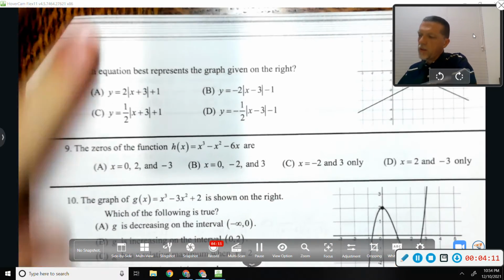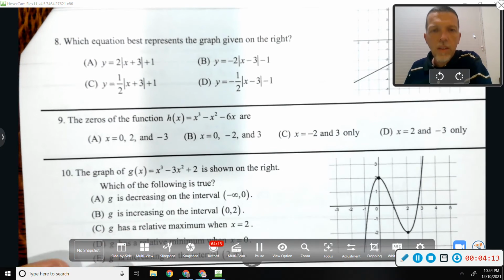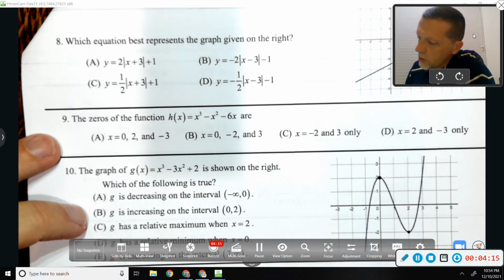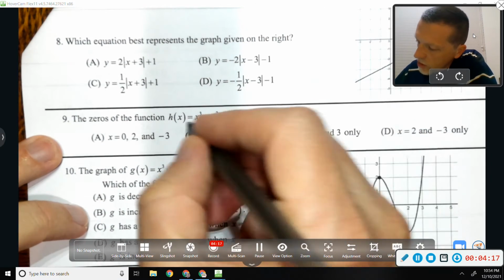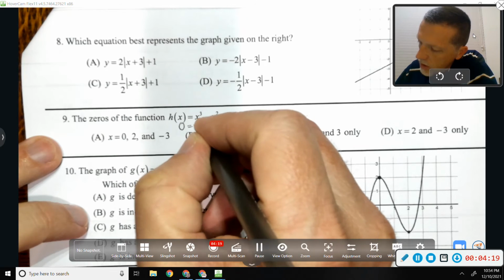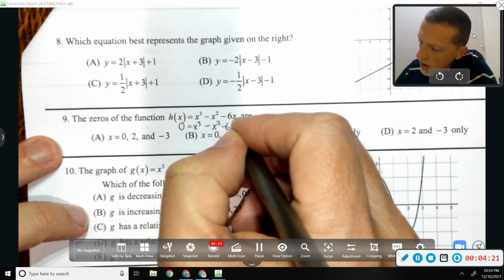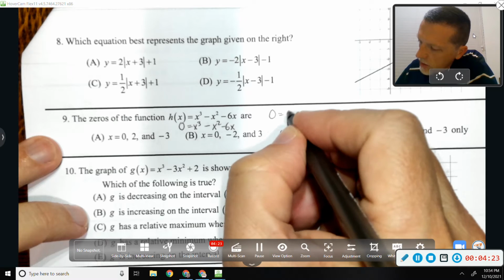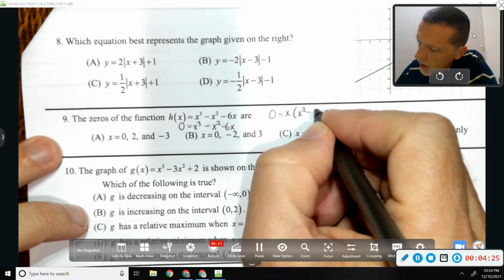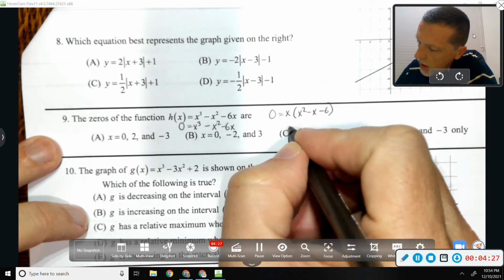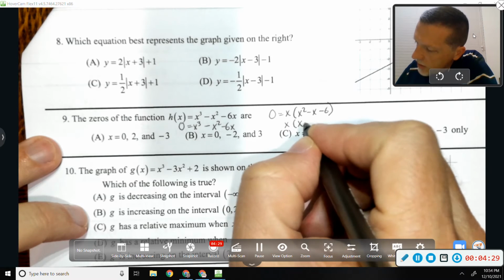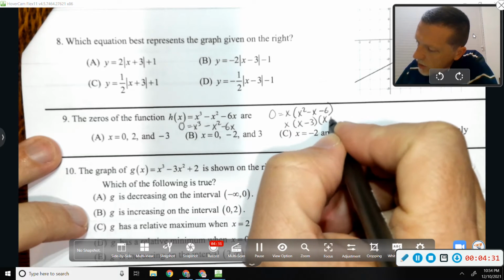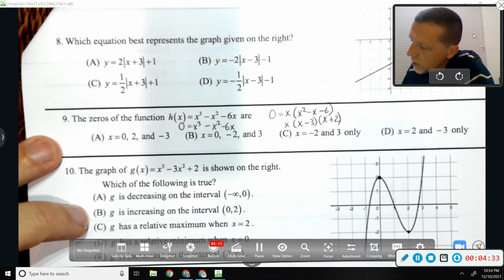Number 8, you guys are pretty good at stuff like number 8. Number 9, the zeros of the function. So that's where we set the function equal to 0. And then we can factor out an x. And then factor what's left, x minus 3 and x plus 2.